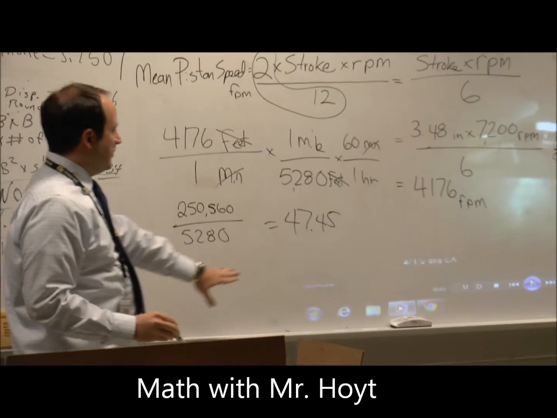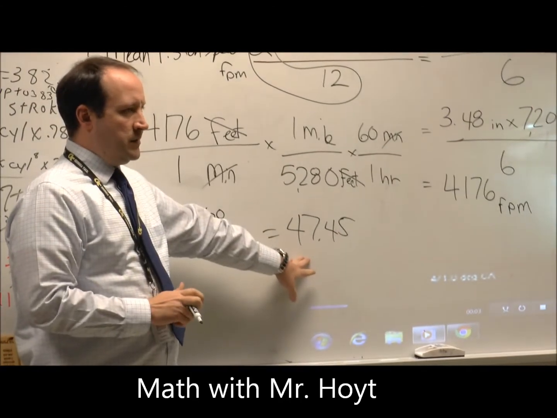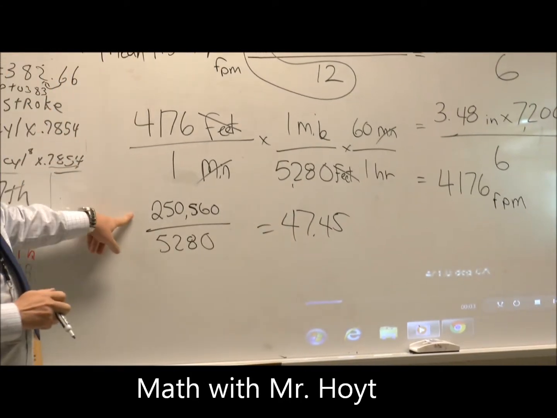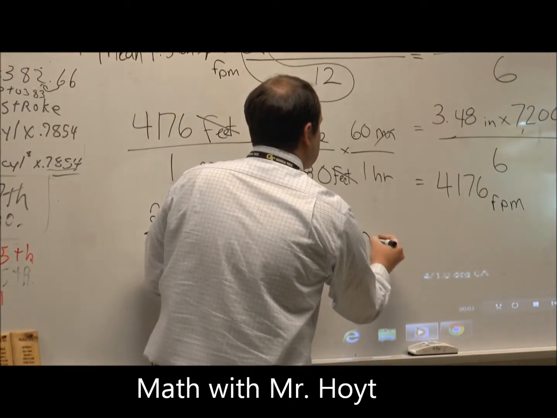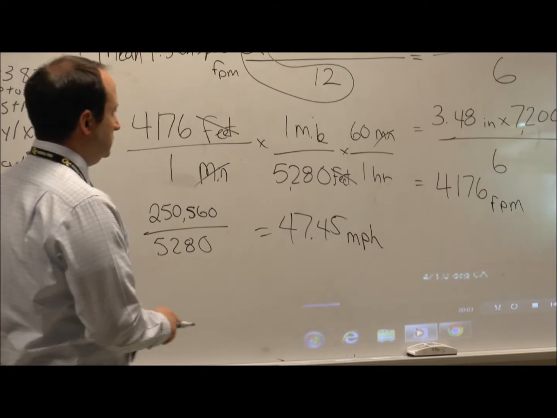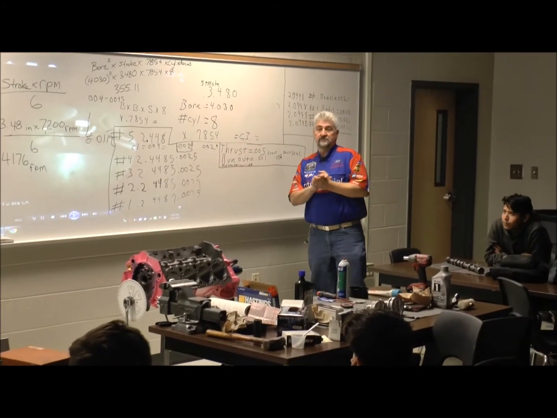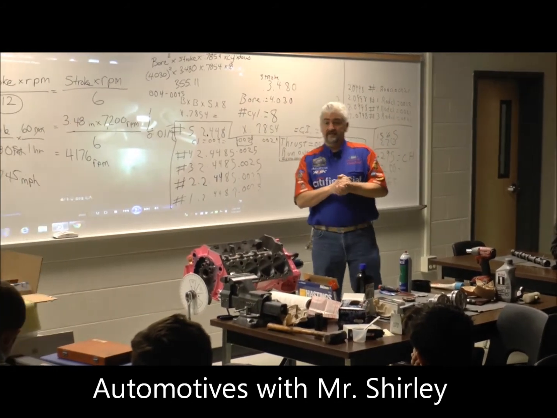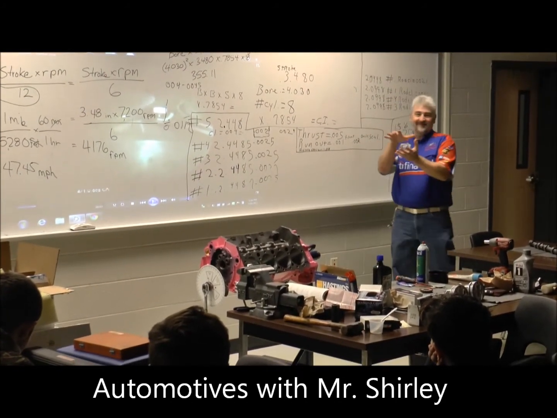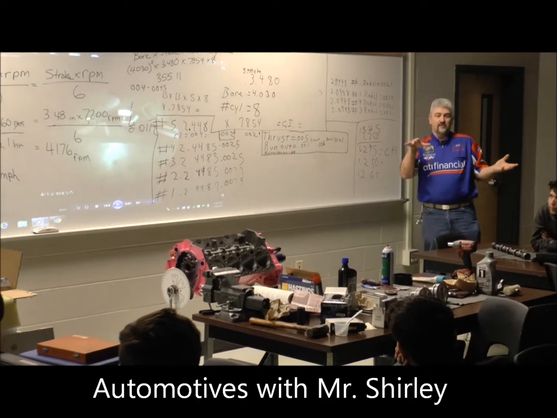And then when you divide those out, apparently you get, do you want to confirm that? Divide by 5,280. Okay, so then this is 47.45 miles per hour. This one is 9.025. Deck height is what it's called. So that's the amount of room you have to work with. You have no more room than that, no matter what you build.